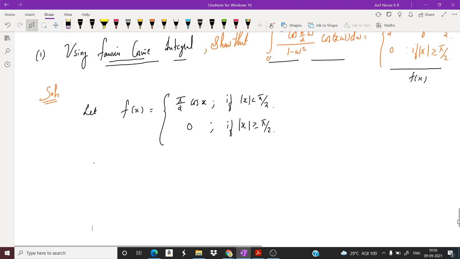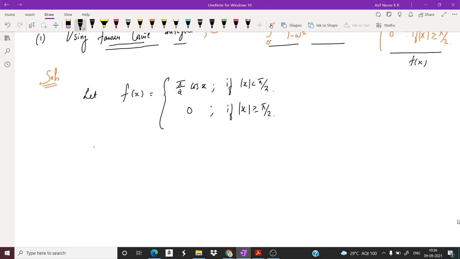And we have to show that its cosine integral is in that form. Now we have to find out Fourier cosine integral is of the form.